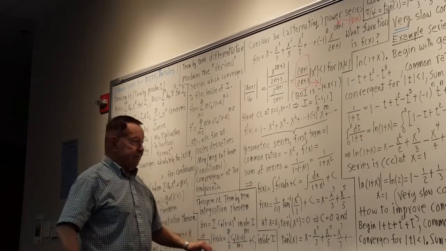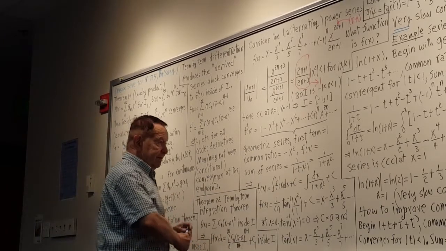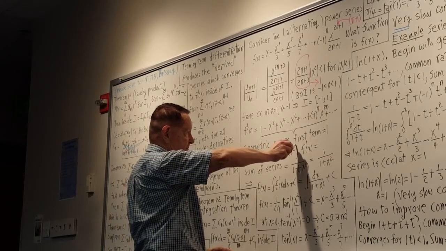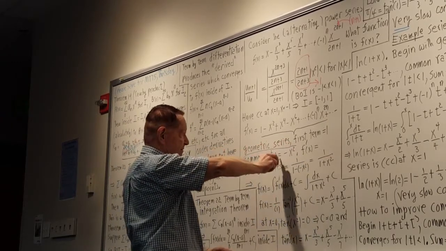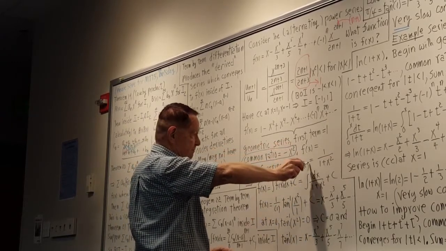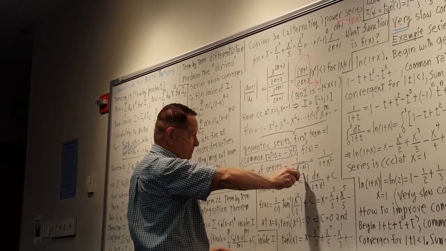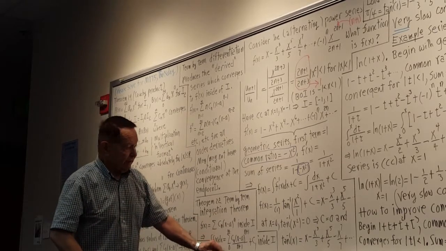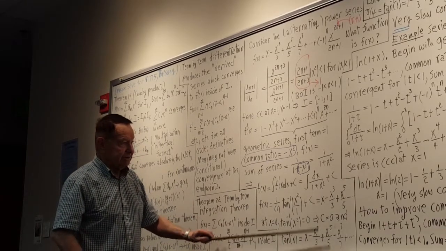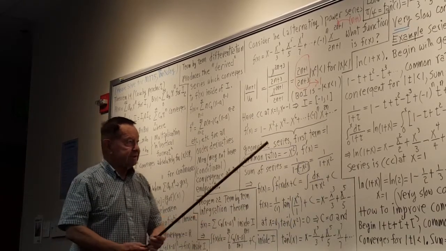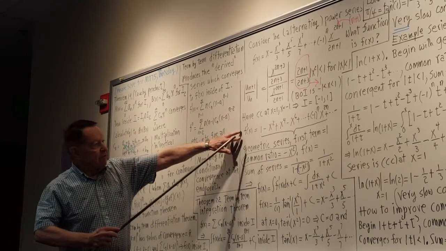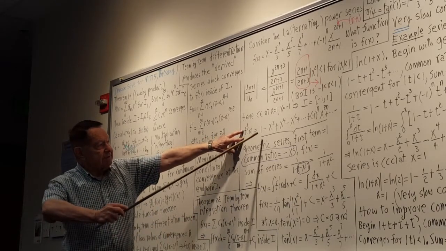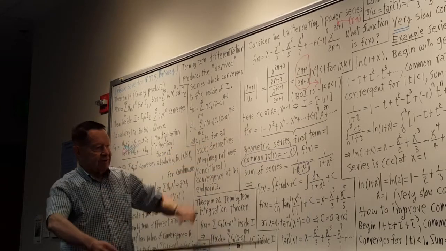So your common ratio is minus x squared, as I say here. So 1 over 1 minus the common ratio, so 1 over 1 plus x squared. So 1 over 1 plus x squared will give you this series.